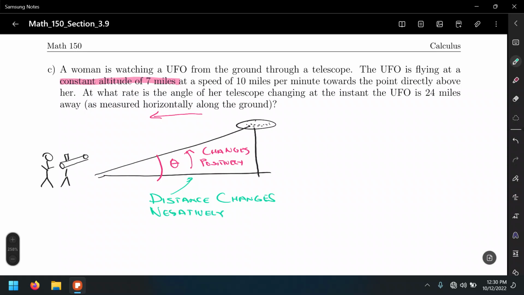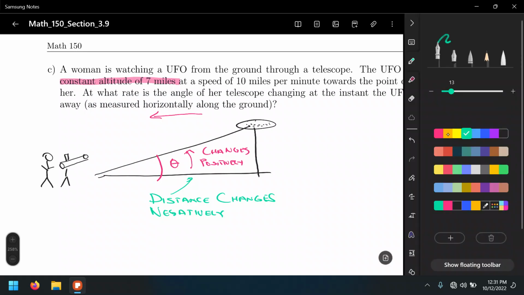Now, what about the height? Does the height change? No, they're telling us that it's flying at a constant altitude of 7 miles.